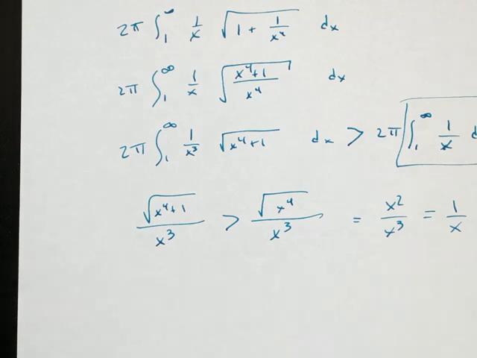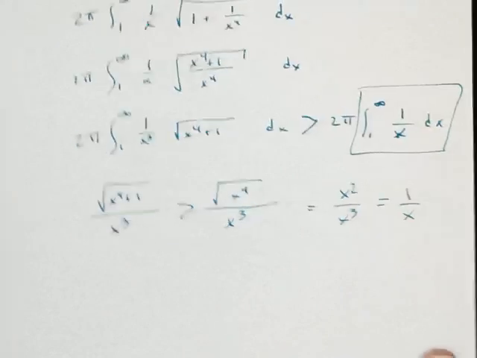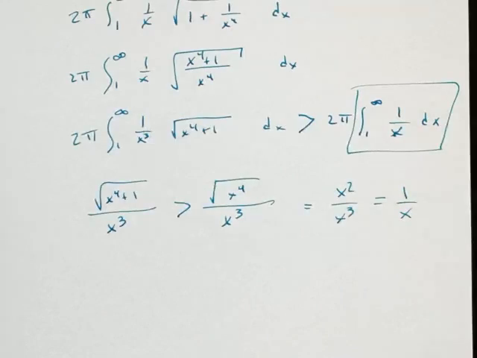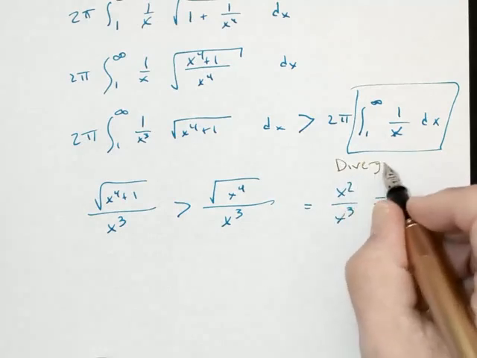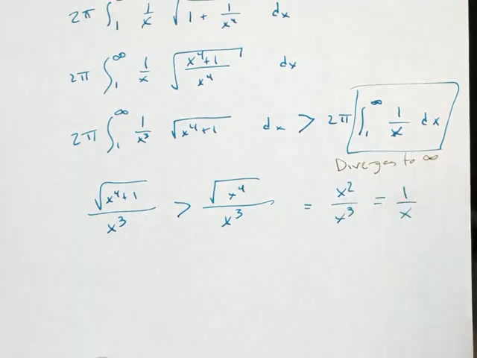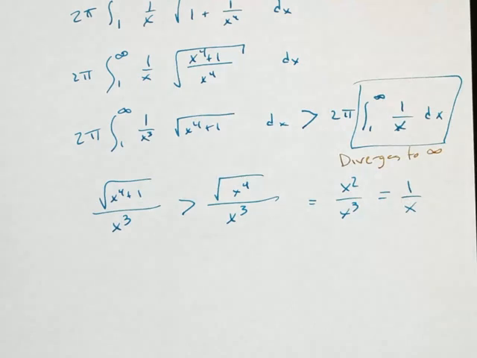And that's the one that diverges by our p test. We need p to be bigger than 1. That p is equal to 1. That integral in the box blows up to infinity. Hey, wait a minute. Our surface area is bigger than that. Our surface area must also go to infinity.